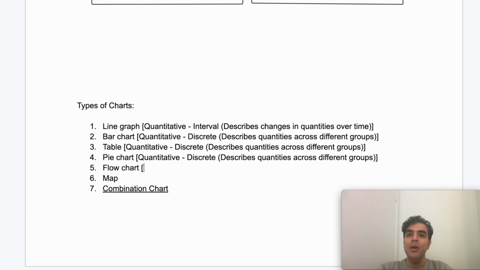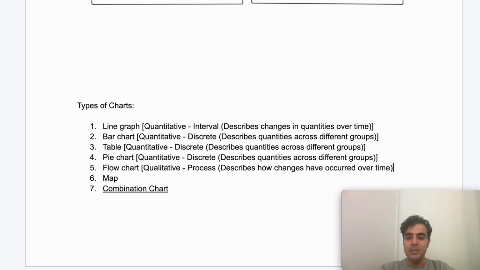What about a flow chart? Now, in a flow chart, we were dealing with qualitative data, meaning we didn't really have numbers anymore. We were looking at qualitative changes, how paper is produced. So we saw the process, right? And the way we can describe this is it basically describes how changes have occurred over time.